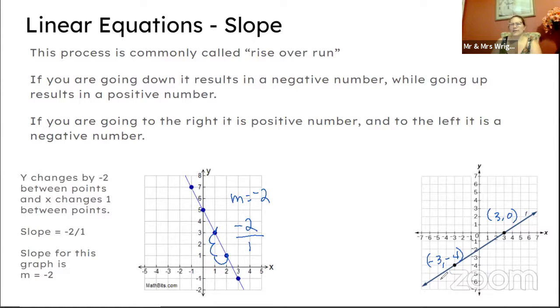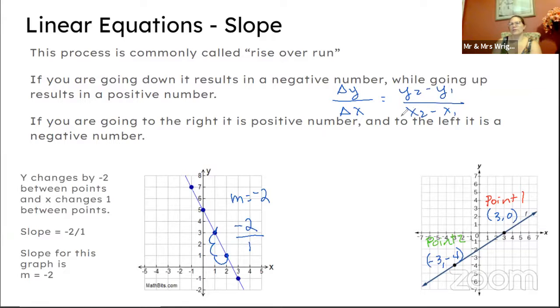I want to go ahead and pick out what is going to be my point 1 and what's going to be my point 2. I'll put this as point 1 and we'll call this one point 2. All right. So remember, we want to do change in y over change in x, which means y2 minus y1 and x2 minus x1.